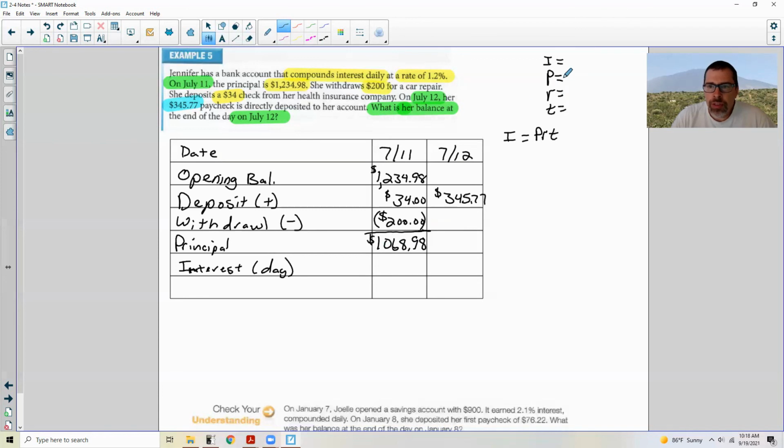Our principal is $1,068.98. Our rate is 0.012. Our time is 1 out of 365 days in the year. So this is going to be I equals 1,068.98 times 0.012 times 1 over 365.